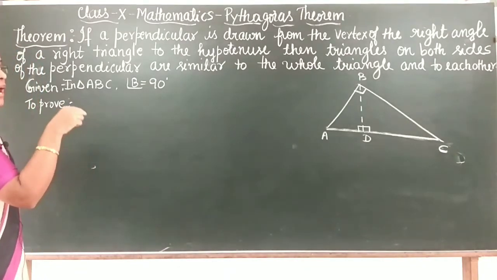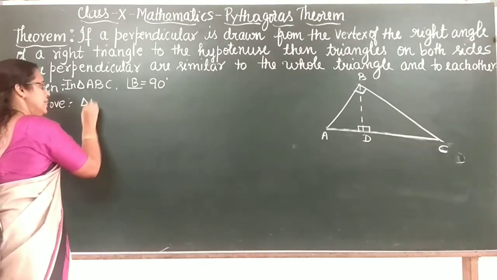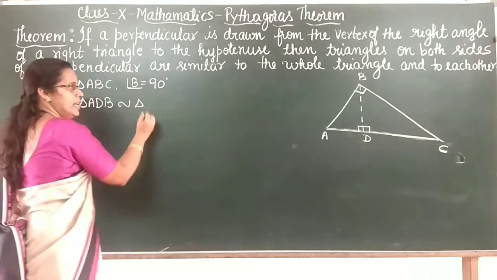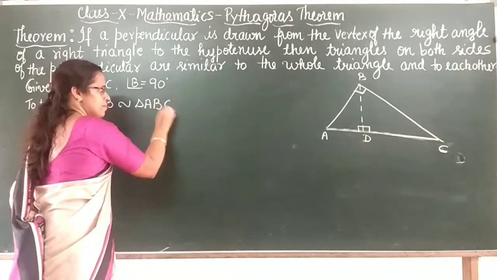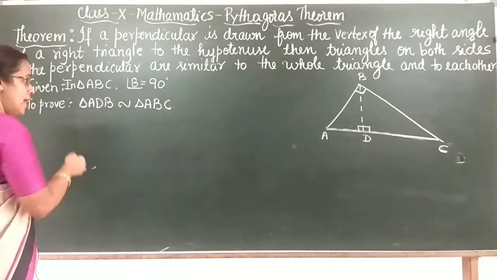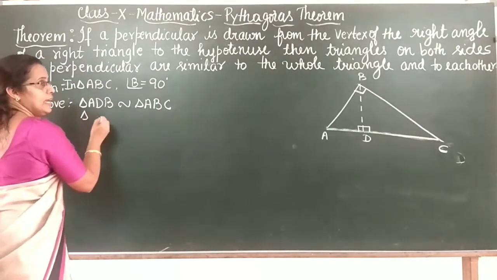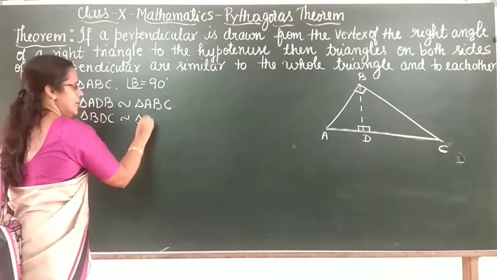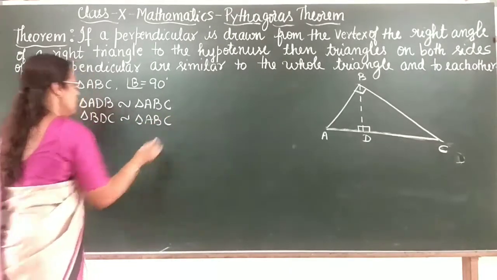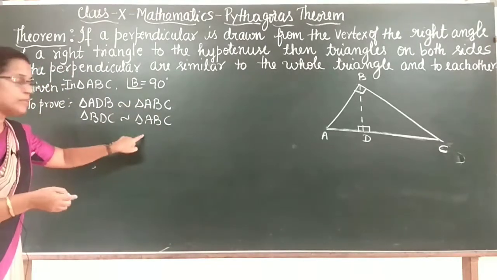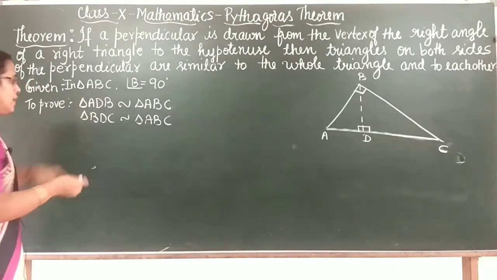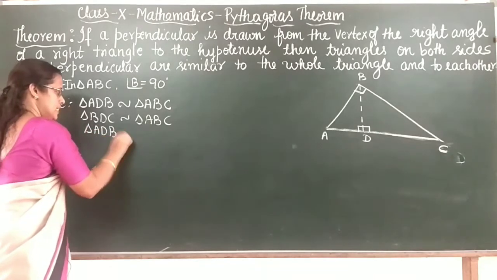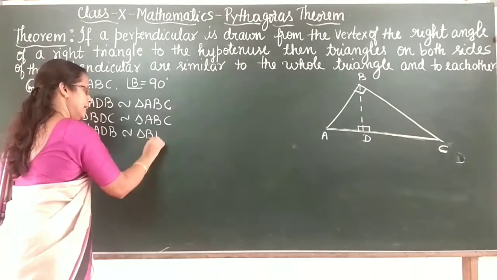Triangle ADB is similar to triangle ABC. Then triangle BDC is similar to triangle ABC. Things which are equal to the same thing are equal to one another. Therefore, triangle ADB is similar to triangle BDC.